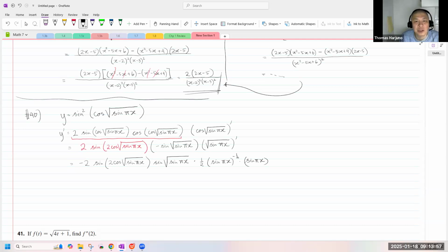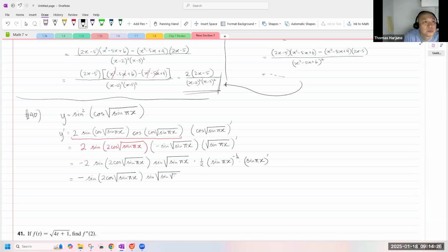So a lot of chain rule here, huh? So the 1/2 here will cancel with the 2 here. So I have negative sine 2 cosine square root of sine pi x times sine square root of sine pi x.